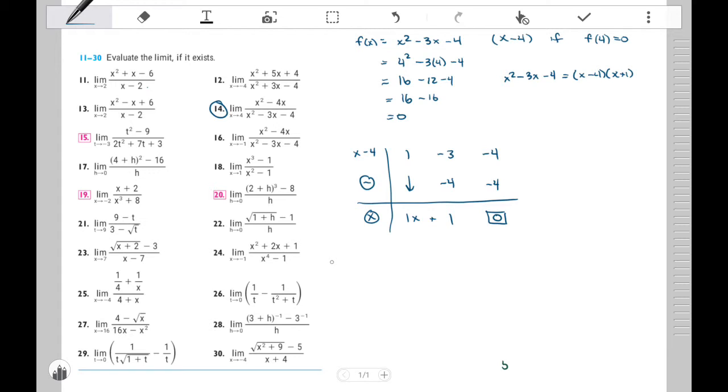So essentially what we have is the limit as x goes to 4 of x squared minus 4x, just rewriting the question, over x squared minus 3x minus 4.